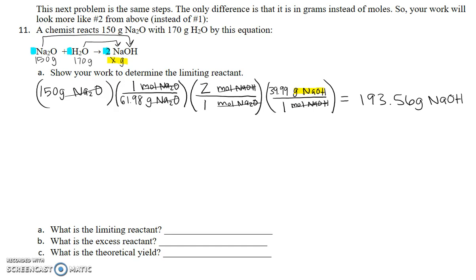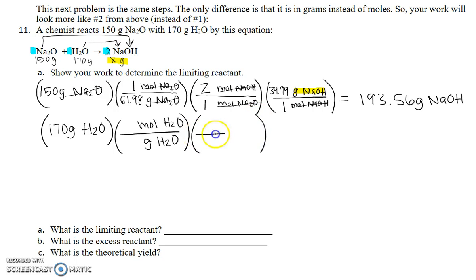I also need to know how much sodium hydroxide I can produce if I use all of my water. If I start with 170 grams of H2O, I put grams of H2O on the bottom so that I can cancel it out, and I can turn that into moles of H2O.